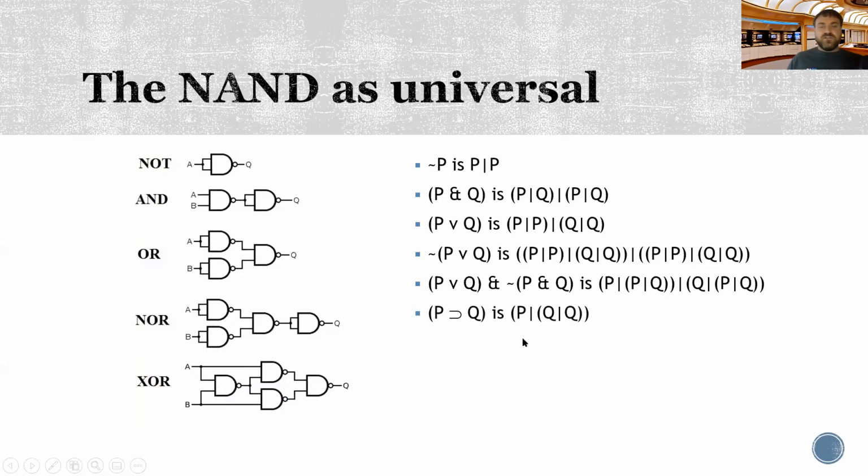So not pictured in this diagram is if P then Q, but of course, because it's truth functional, you can do it with NANDs. And so that's P NAND, Q NAND Q, right? That's fairly simple. So then if you want to do if Q then P, it's Q NAND P, right? And so then if you want to put those two things together as an and, well, you put this NAND to the other one, right?